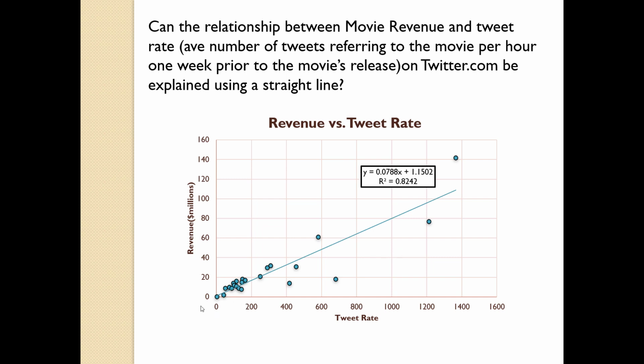Now, our first step is we consider the question: does a straight line somewhat describe this relationship? Because clearly, if the relationship is not linear, then doing linear regression on a nonlinear problem is going to lead to perhaps misleading results.